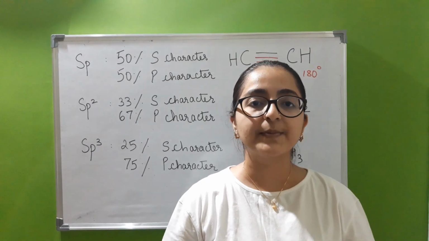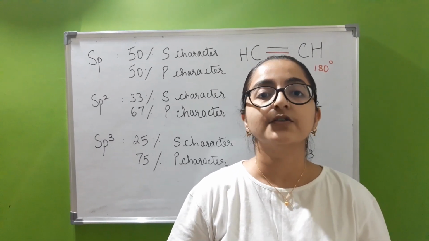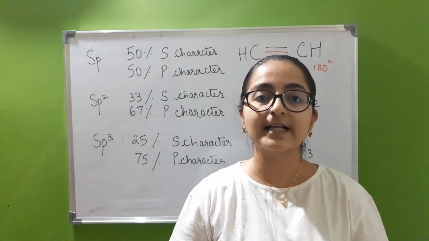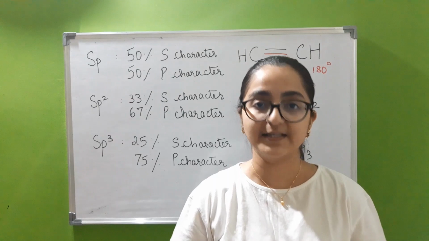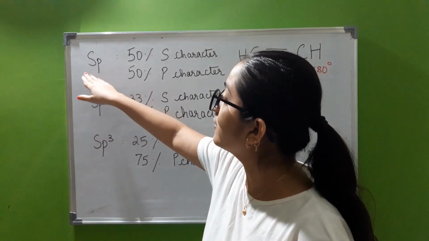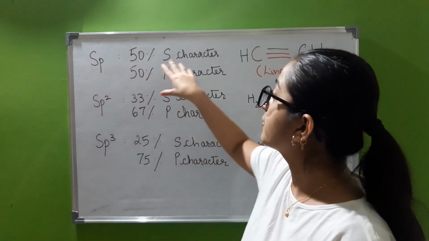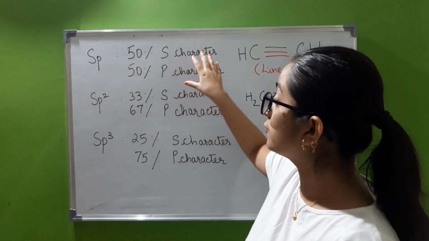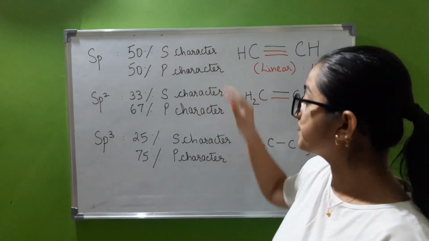Okay, so now we are going to be talking about the hybridization present in these carbon compounds. Carbon compounds exhibit three kinds of hybridizations: sp, sp2 and sp3. Coming to sp hybridization, both of them equally contribute to the s and p character given to the molecule.